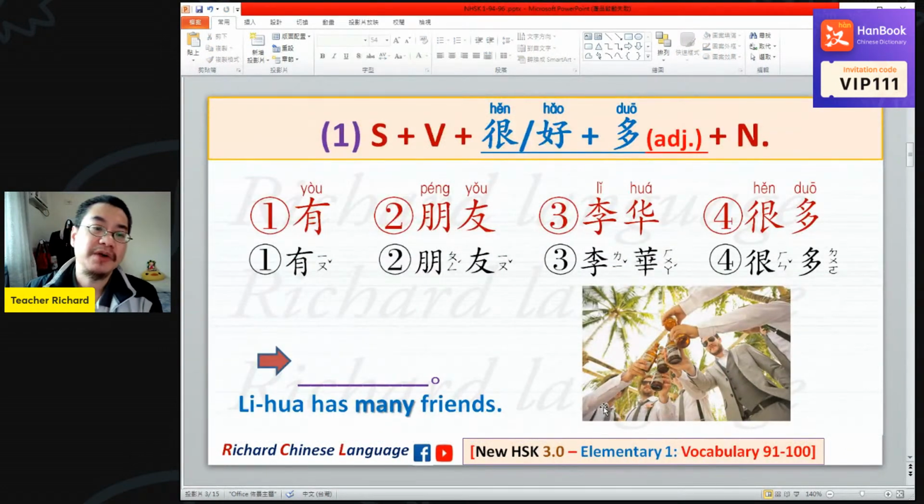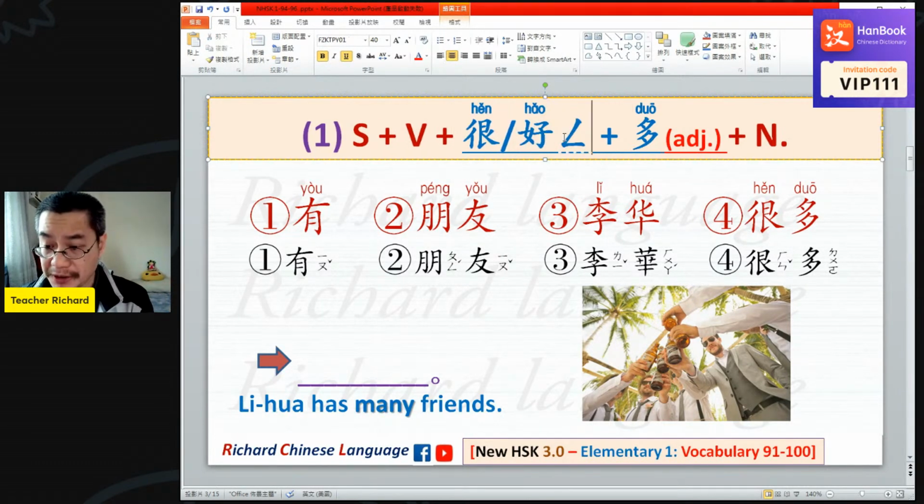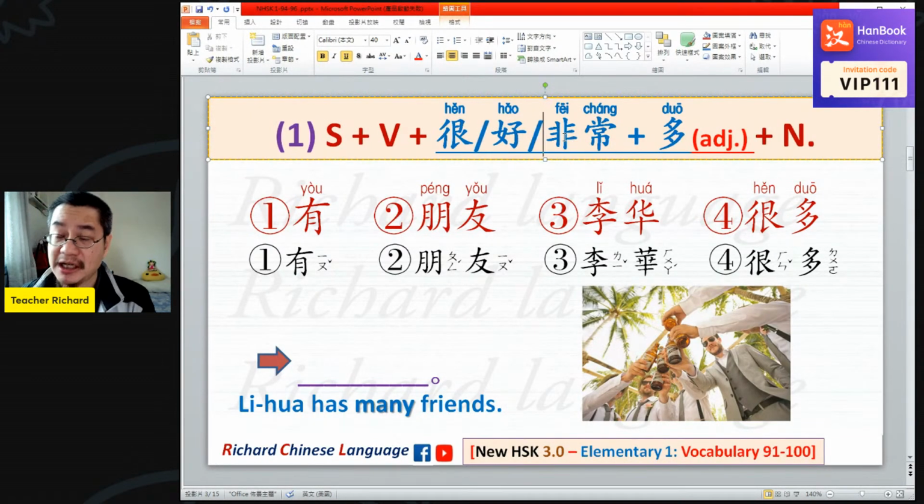Okay, so let's talk more about the grammar point. The first one: oftentimes, subject plus a verb. And then, just as what I have said, we use 很, or you can use 好, or you can use 非常. And actually, they are a necessary word, function word, to modify an adjective.